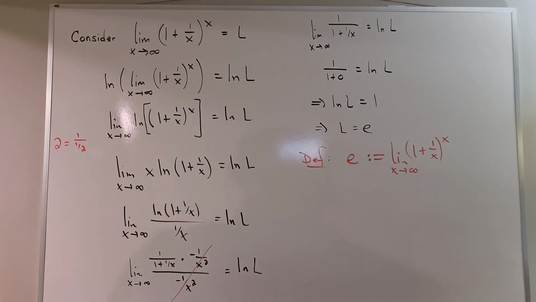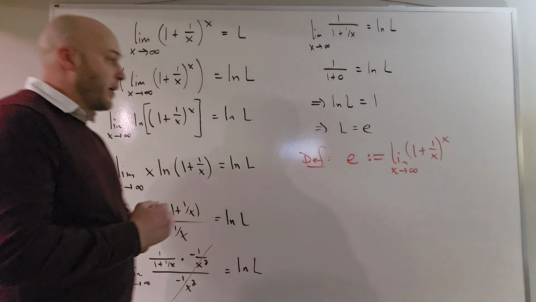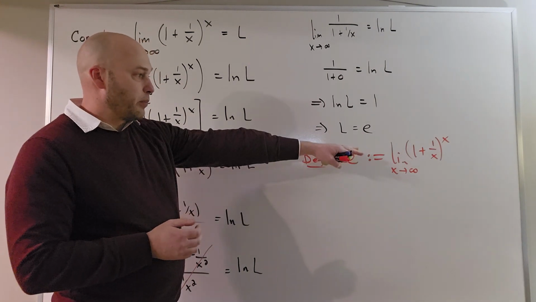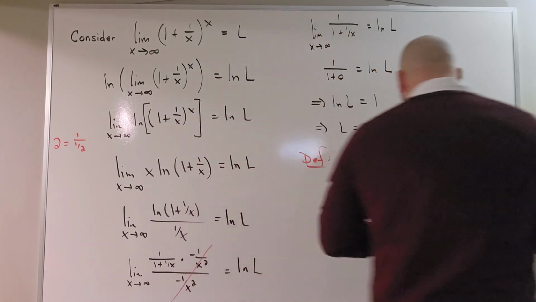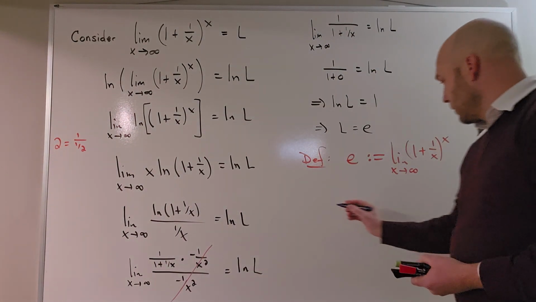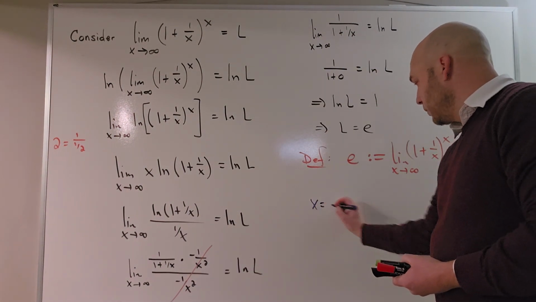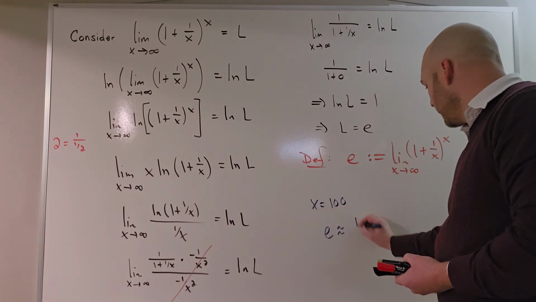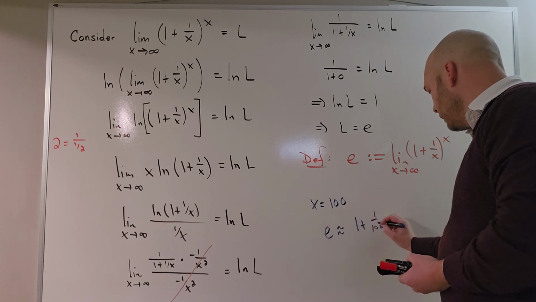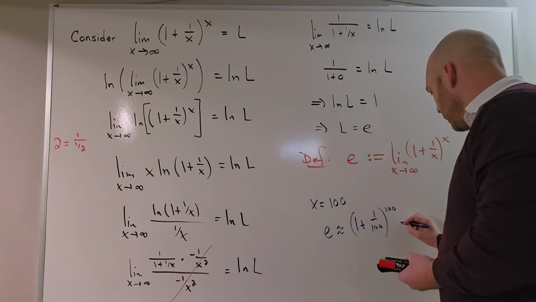One thing this allows me to do is get a pretty decent approximation of e by just taking my calculator and plugging in a large value of x. For example, let's just say x equal to 100. Then e is approximately 1 plus 1 over 100 to the 100th.